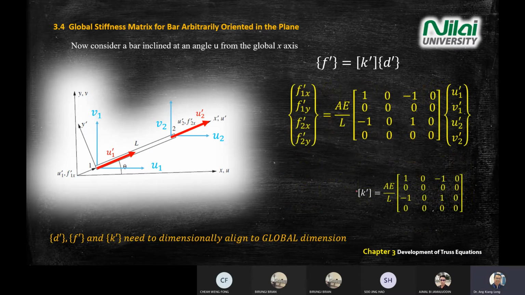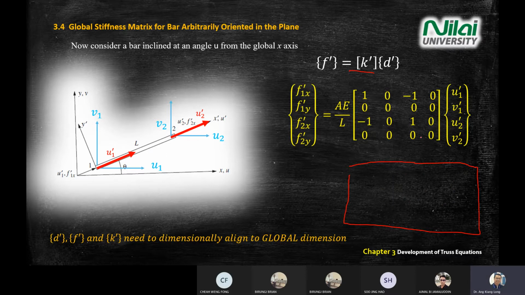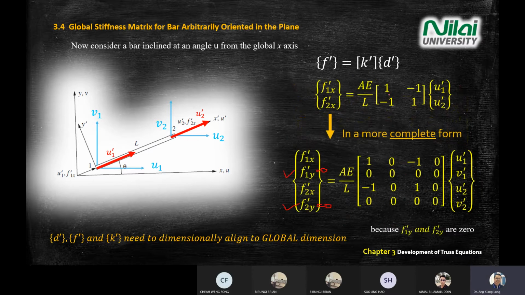Okay, so the second equation or matrix equation you need to remember for today is if you compare the equation on the screen, the first one and the second one, so your K prime will equal to AE/L 1, 0, 0, minus 1, 0, 0, and so on. Okay, so there's a way of transforming all these things.